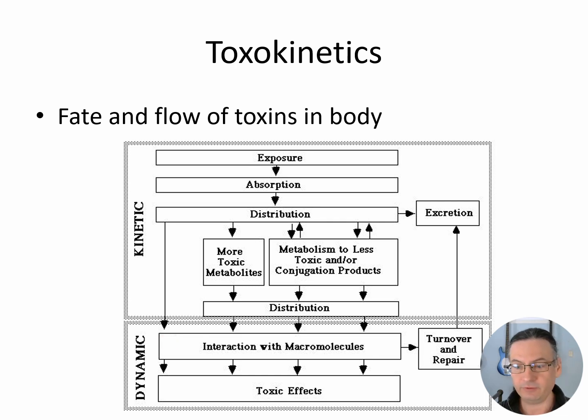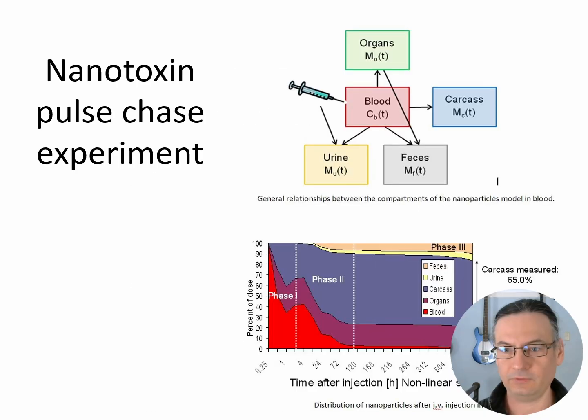Now, another thing that we've been seeing again and again, as you guys probably recall from previous lectures, we had gone through this nanotox pulse chase experiment where we injected a very tiny nanotoxic particle directly into the blood of the rat. And then we observed where it went, to the organs, to the general carcass, and also excretion through feces and urine.